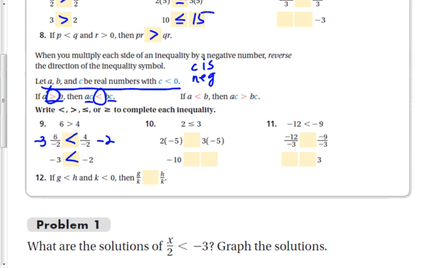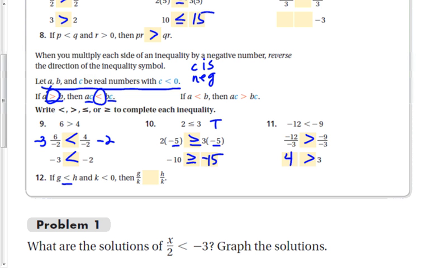If you start with 2 is less than or equal to 3, which is true, and you multiply both sides by negative 5, you're going to end up with negative 10 is greater than or equal to negative 15. And this last one, dividing by negative 3, which is the same as multiplying by negative 1/3, you have to switch the sign. So 4 is now greater than 3.